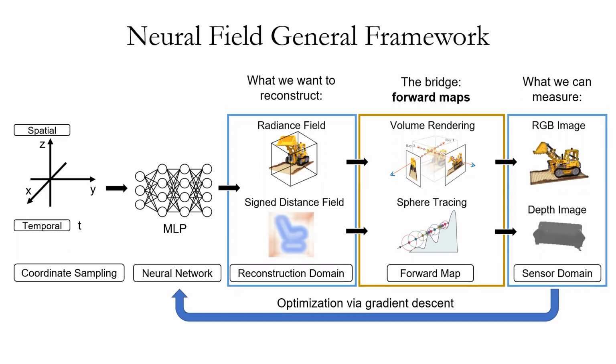such that we can optimize this to reconstruct the domain we actually care about. And if you want to change the output or vary the output of the MLP to perhaps represent multiple different reconstruction domains, then you might have some latent conditioning variable Z that also goes into the neural network.